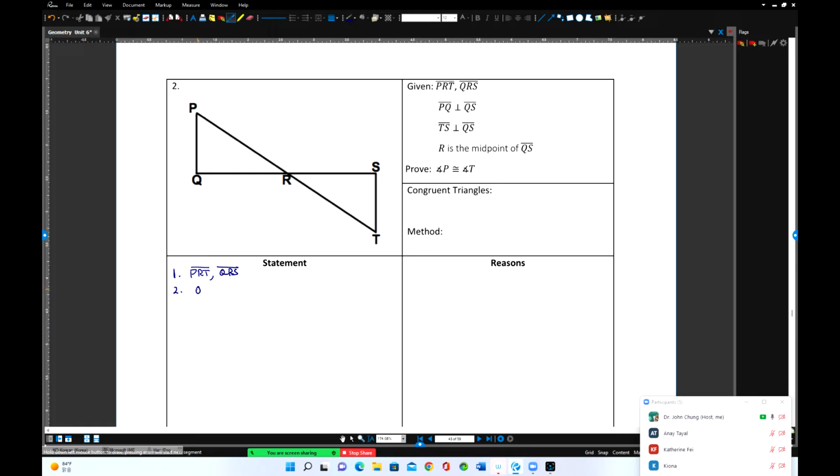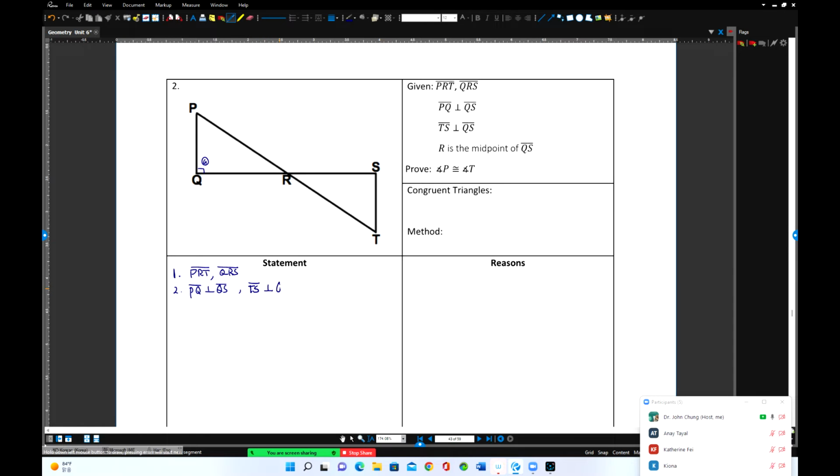And the second one is PQ perpendicular to QS. PQ perpendicular to QS. These are right angles. We got the one angle there, okay?